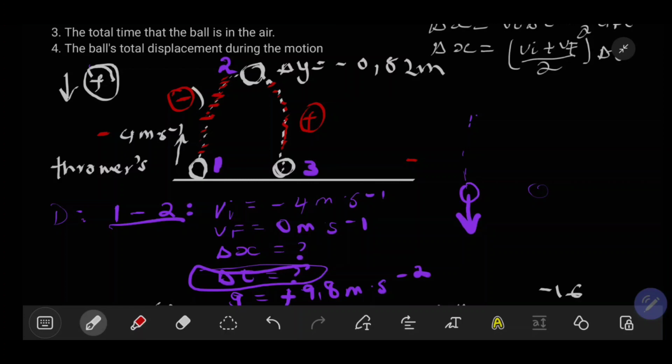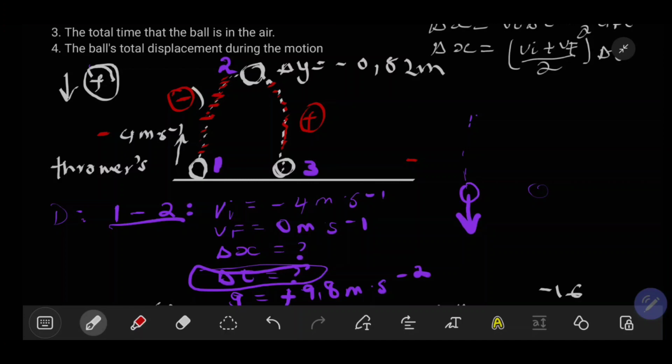Because if we write 0.82, then you might forget that the motion going upward is negative, and when you substitute in the next question, it can complicate your things there.